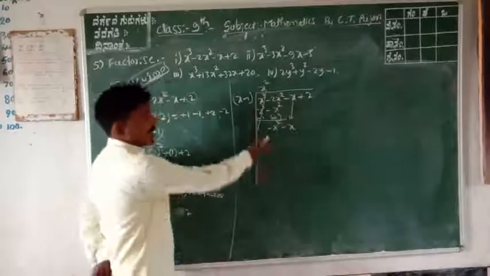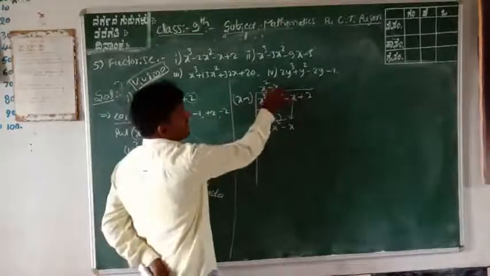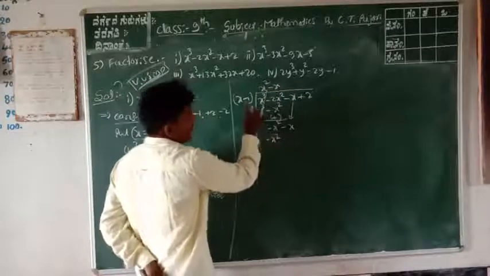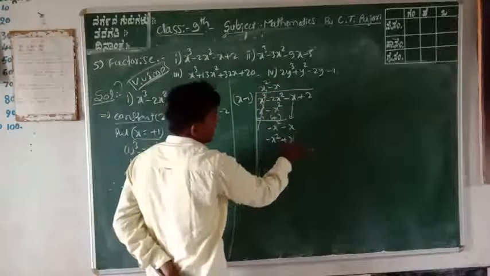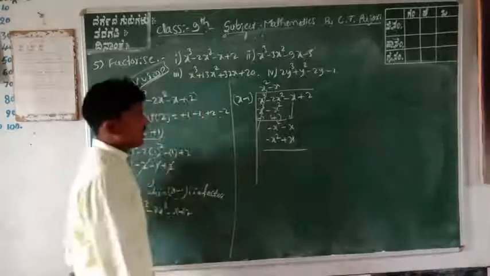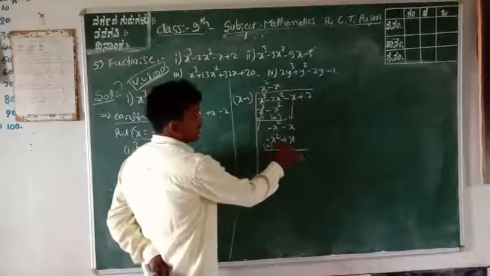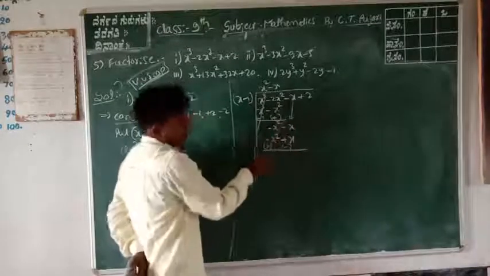Again the first term is minus x squared, so take minus x. x into minus x is minus x squared, and minus into minus is plus x. Change the signs again, and these two cancel.